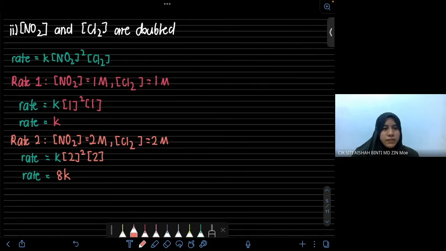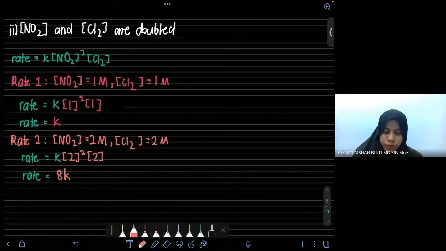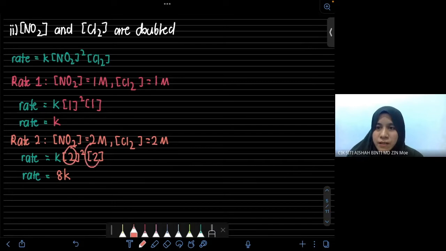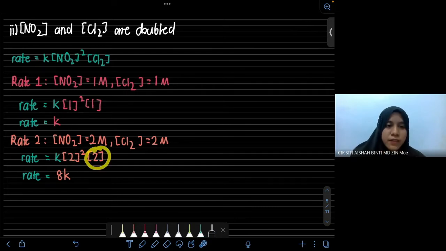Sebab dia 2 to the power of 2 dekat sini. Lepas tu sini pun 2. Kalau Miss rasa yang jawab a factor of 4 tu maybe lupa nak include this one. Ataupun kalau 6 tu maybe campur dua-dua. Okay, so that is actually for question number 2.